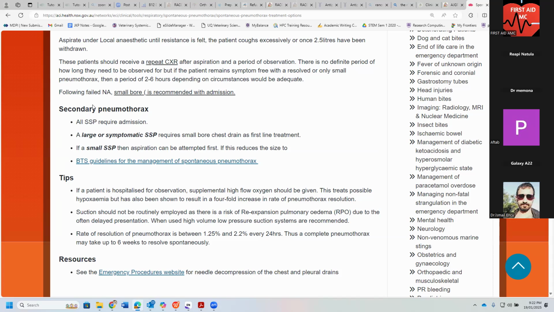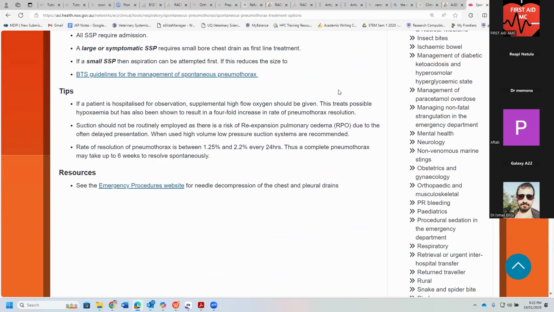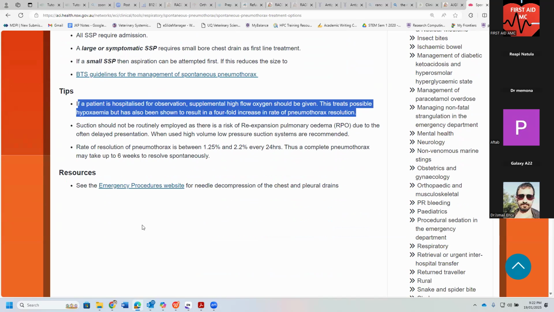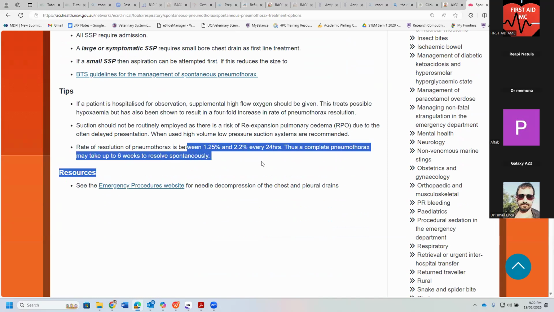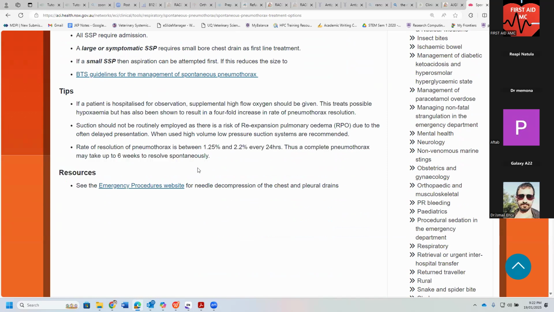Sometimes when the needle aspiration is not working, the next thing we do is chest tube insertion. Pneumothorax can recur very well as well.